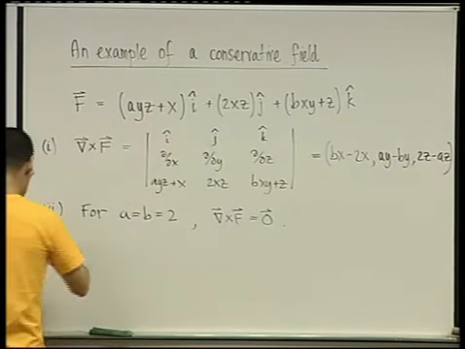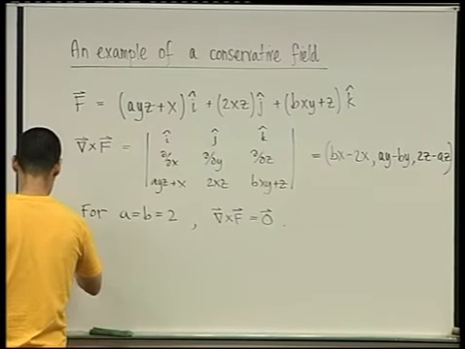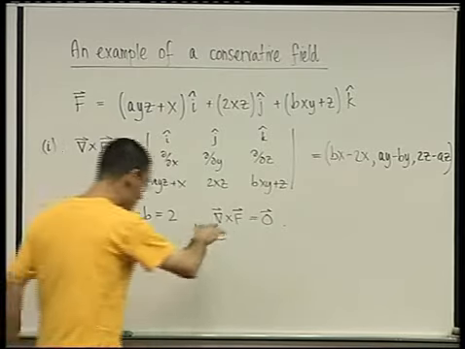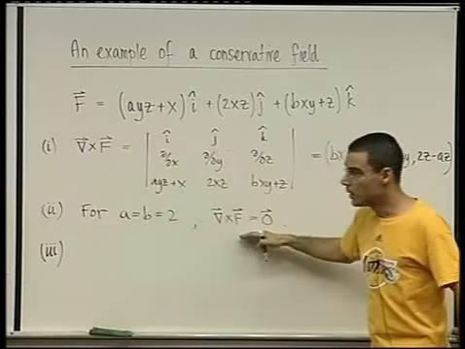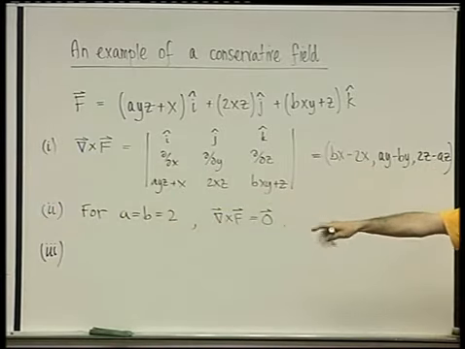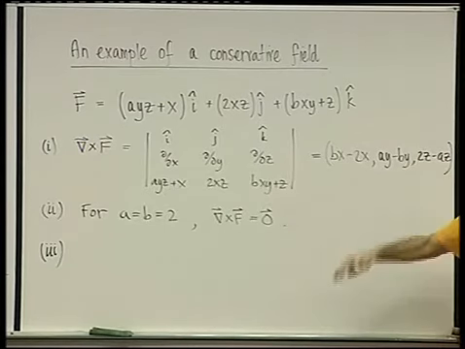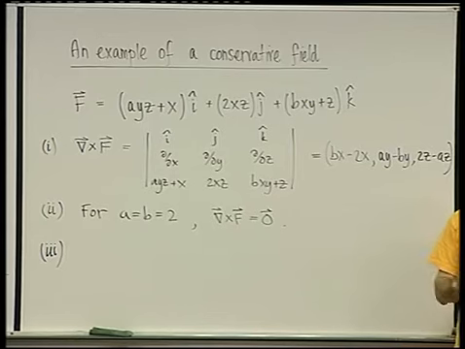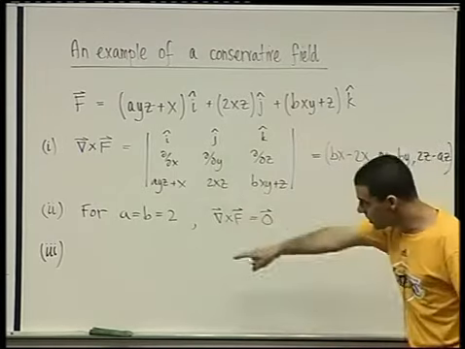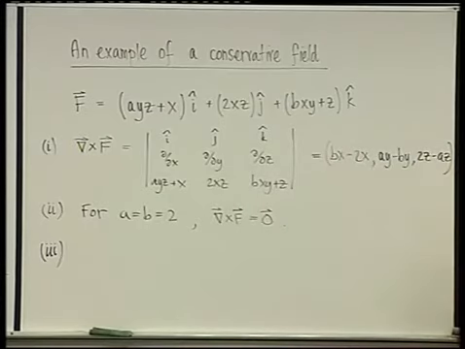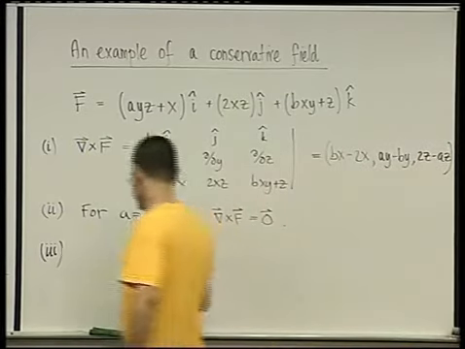Okay. Part 3, so once we know that the curl is 0, by that theorem, this is part 4 of the theorem, so for a equals b equals 2, the curl is 0, therefore it's a conservative field. Okay? Good? Since it's conservative, it has a potential function. That's part 3. So part 3 of this example is, let's find the potential function.